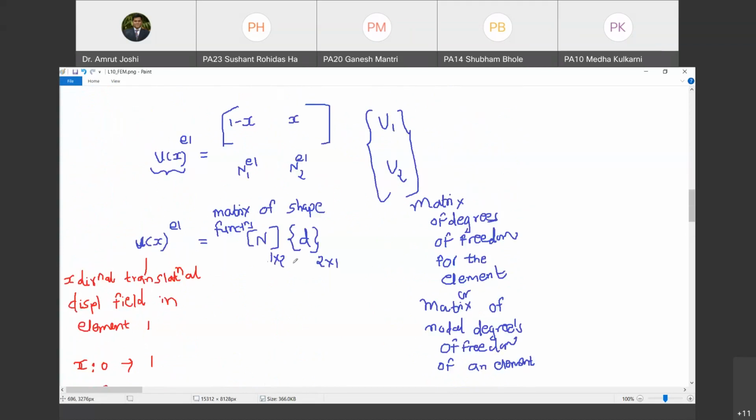And what are we relating it to? We are relating it to only nodal x directional displacements.